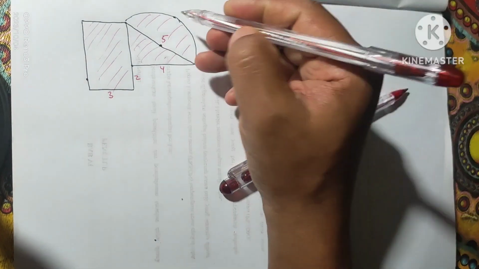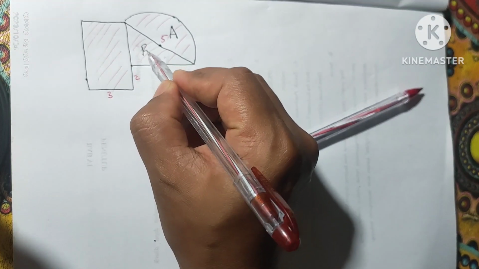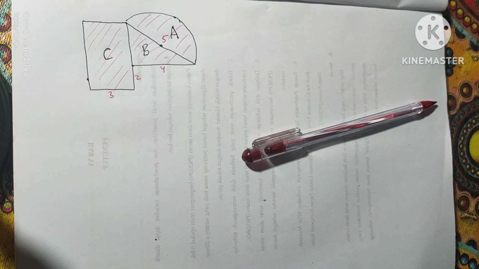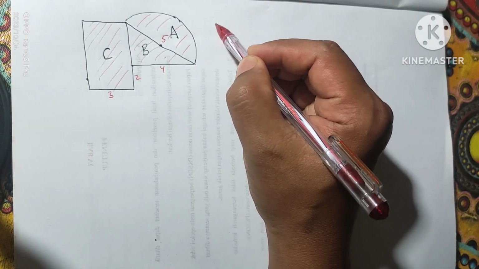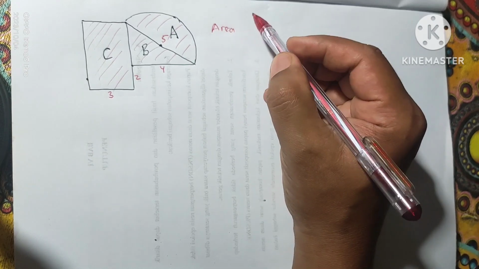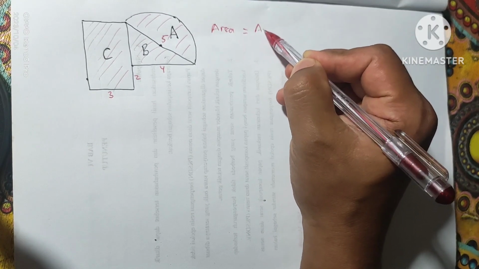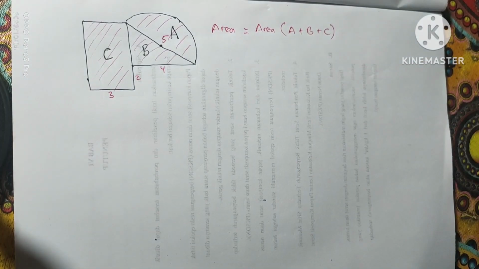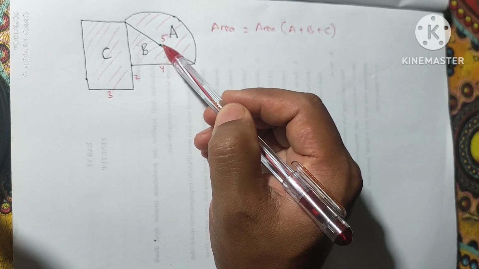This one is part A, this one is part B, and this one is part C. Later we will find the total area, which will be the area of A plus B plus C. So now we have to find the area of each part.